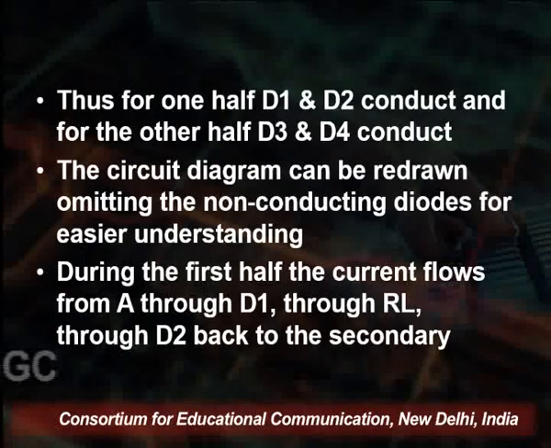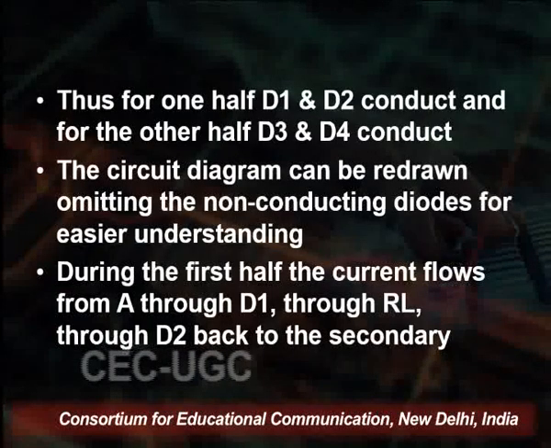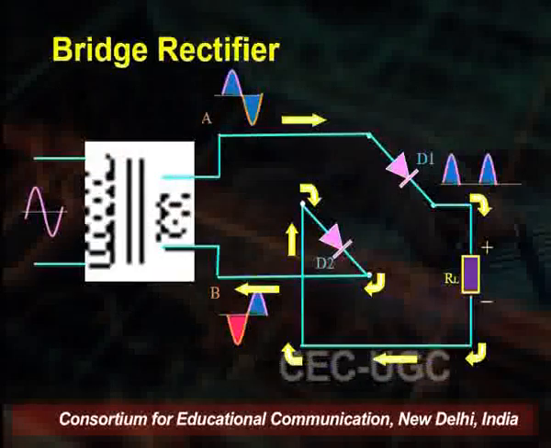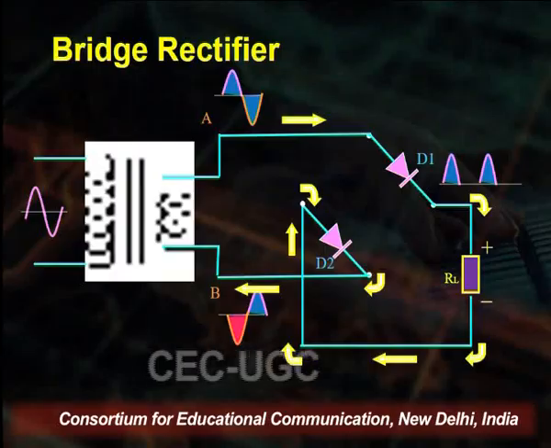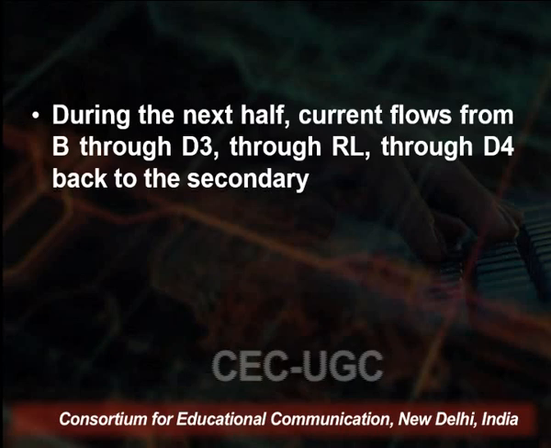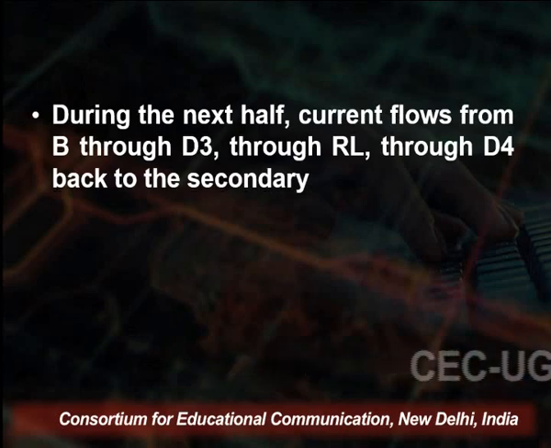In this manner, we can draw the circuit diagrams omitting the non-conducting diodes for easier understanding. During the first part, the current flows from A through D1 through the load resistance through D2 back to the secondary. Now during the next half cycle, the current flows from B through D3 through RL through D4 back to the secondary.